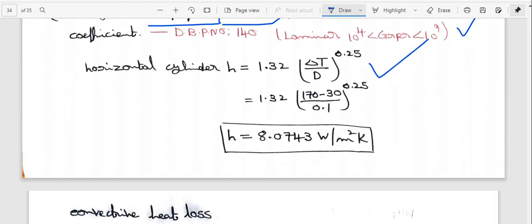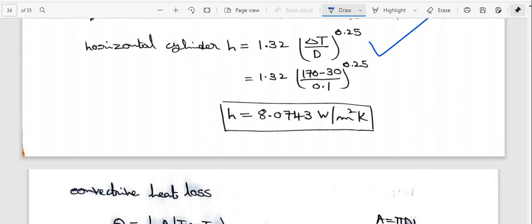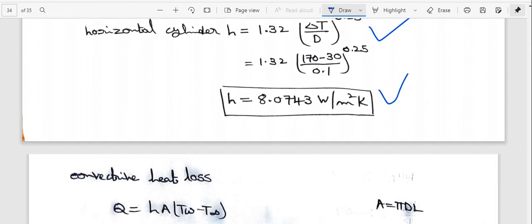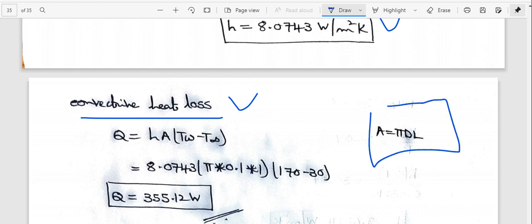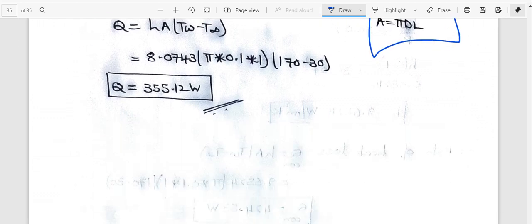Here the h value is 8.0743 watt per meter square Kelvin. The convective heat loss is Q equal to hA (Tw minus T infinity). For the horizontal cylinder, the surface area is pi D L. So here the Q value is 355.12 watts.